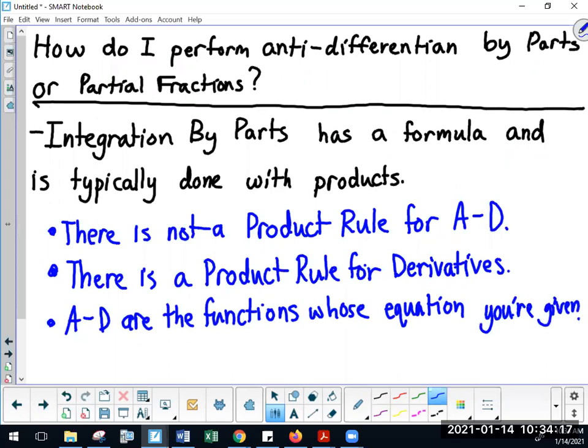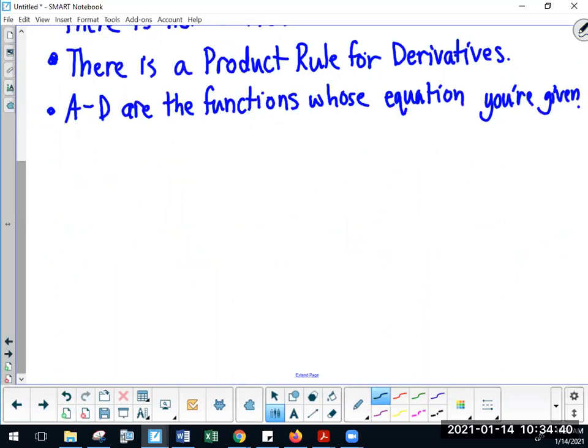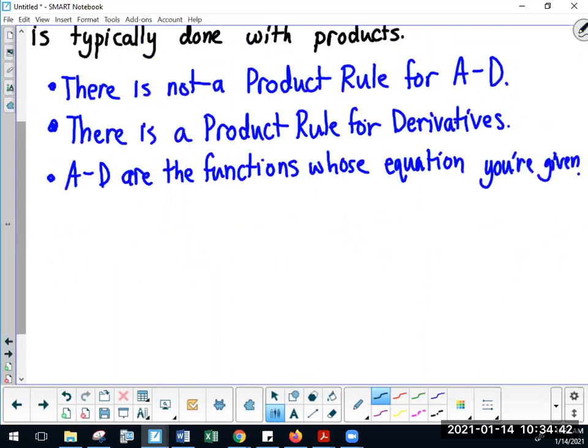Okay, so that's what we know. We know there's no product rule for anti-differentiation or integration. We know there is a product rule for derivatives, and we know that when we're talking about antiderivatives, whatever it is we come up with, that function's derivative, that's the function that we start with. So let's go back to the product rule for derivatives.